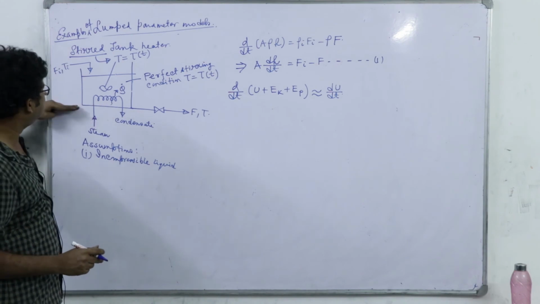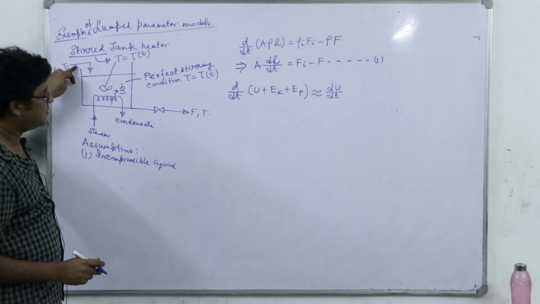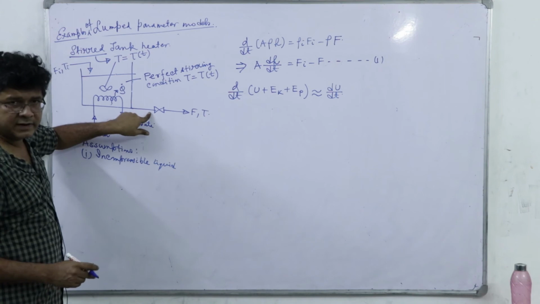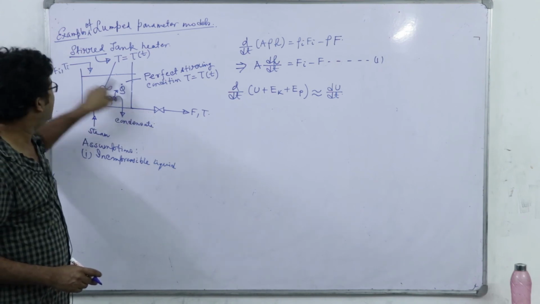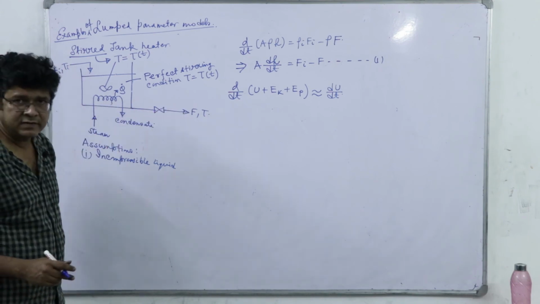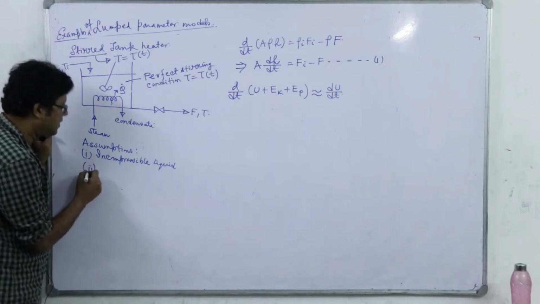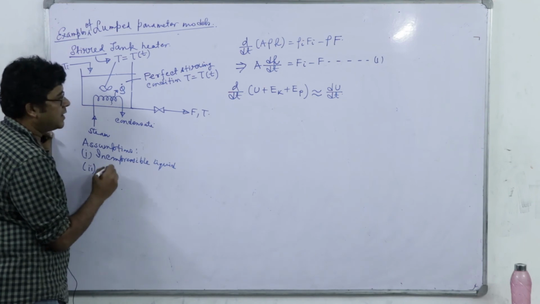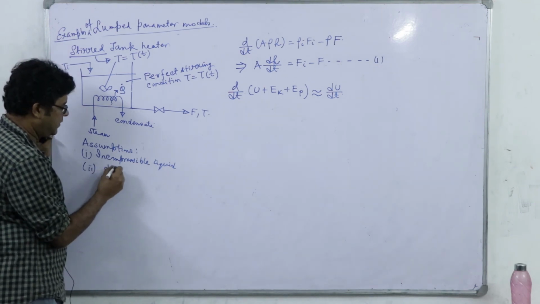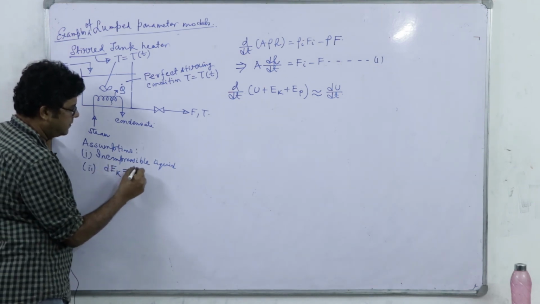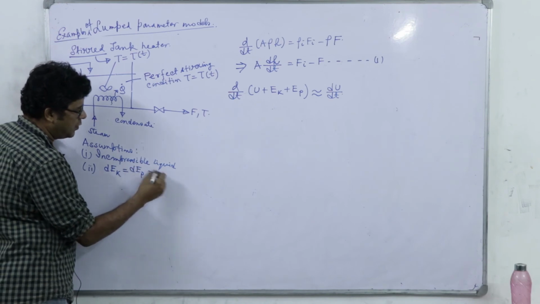If we consider this as the datum, there is a potential energy here, and the potential energy is zero at the datum state, and kinetic energy too will change. But that is insignificant compared to the change of internal energy. So we can write that the change of Ek and the change of Ep between inflow and outflow is 0.